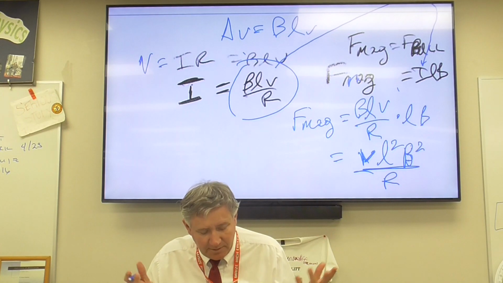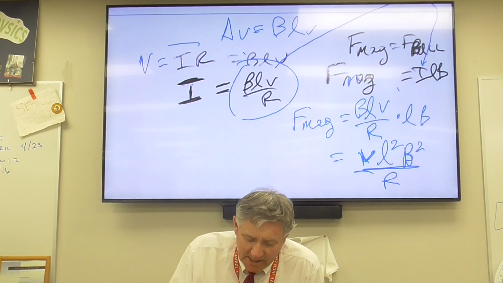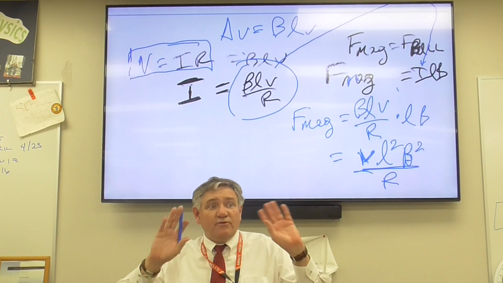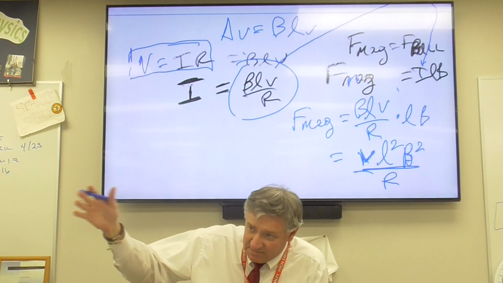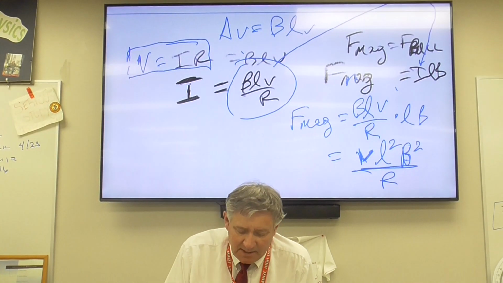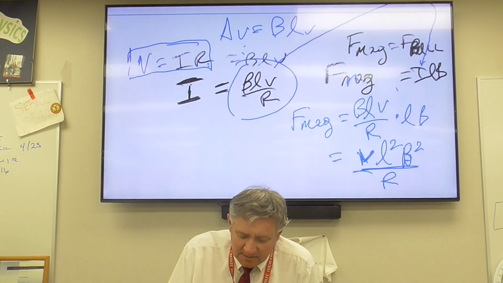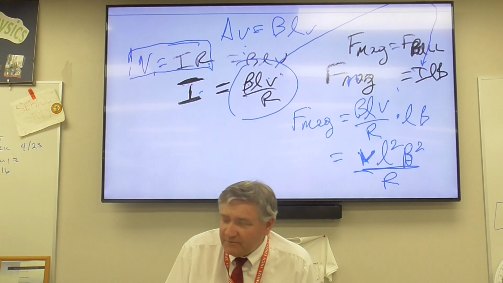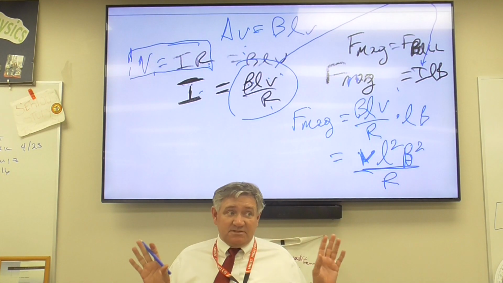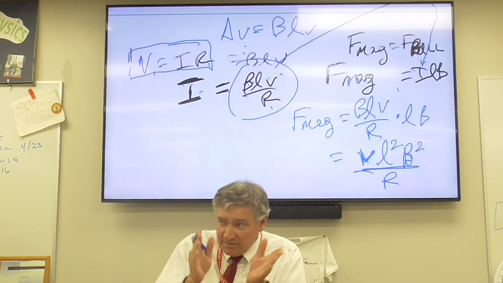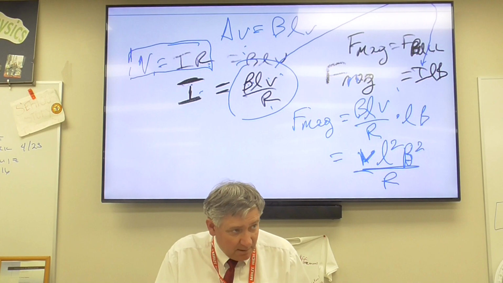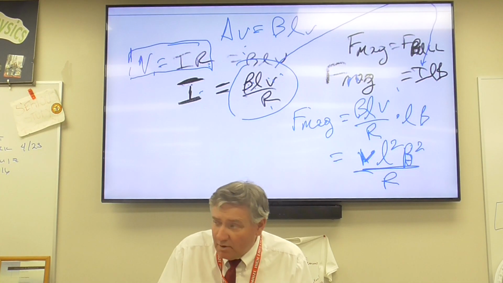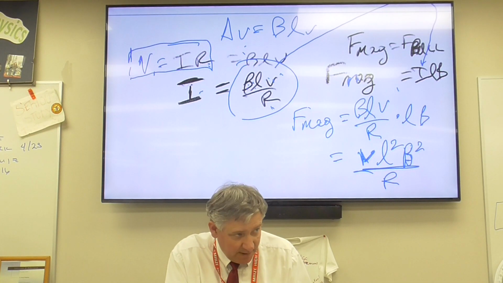To back up a little bit, this is why you study circuits before you study magnetic fields. If you set voltage equal to IR, and then you solve for I, you get BLV over your resistance. So all I did was some simple algebra. I substituted, instead of voltage, IR, and then solved for I by setting BLV over R equal to the current. That's all I did.